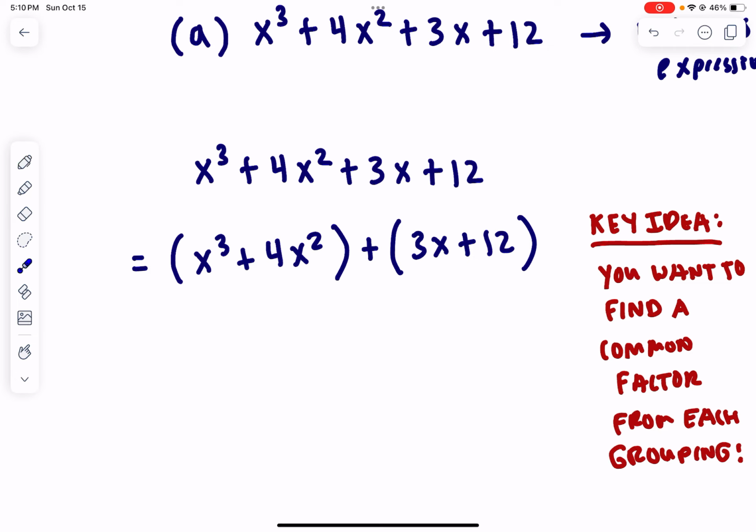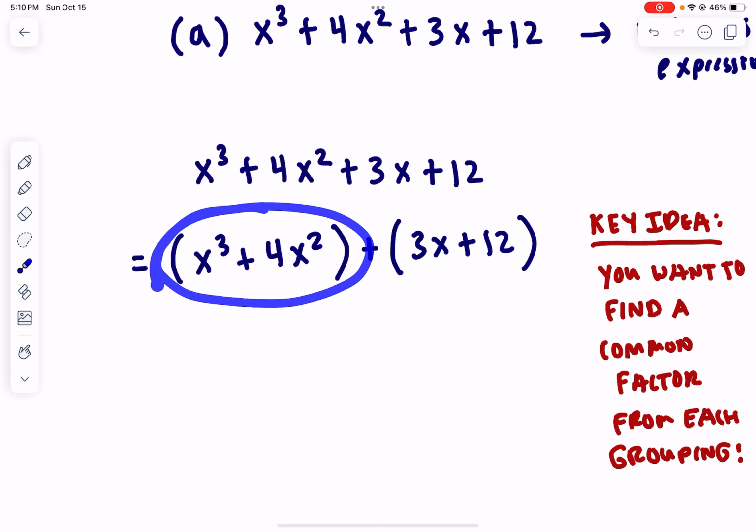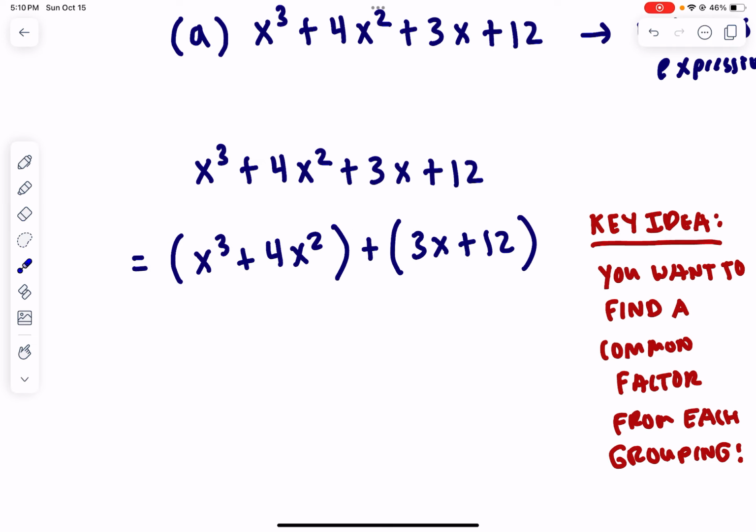So if we look at this first grouping right here, notice that both of these terms have an x in them, but they both share an x squared. So technically, here's what we have. We have x squared times x plus 4x squared.